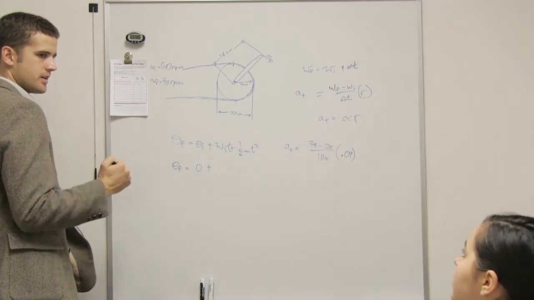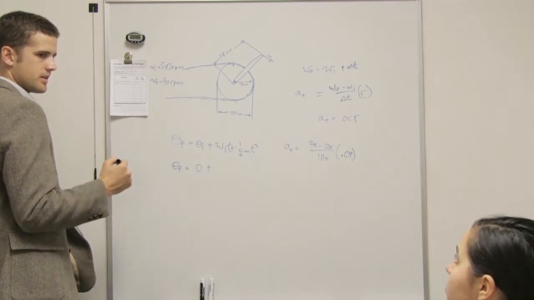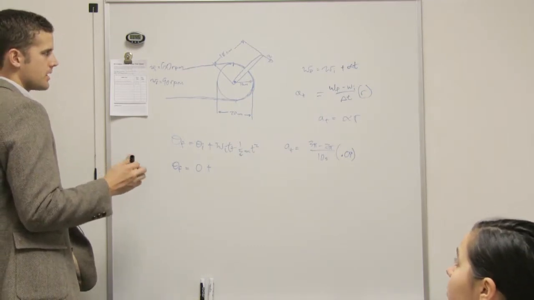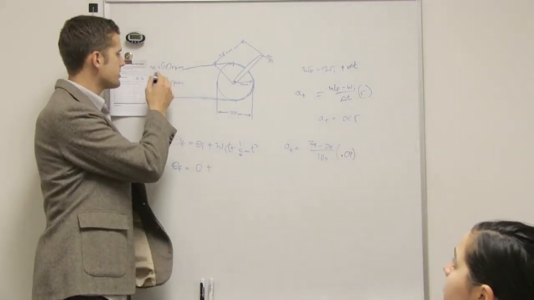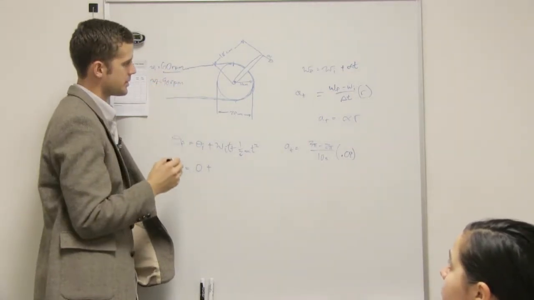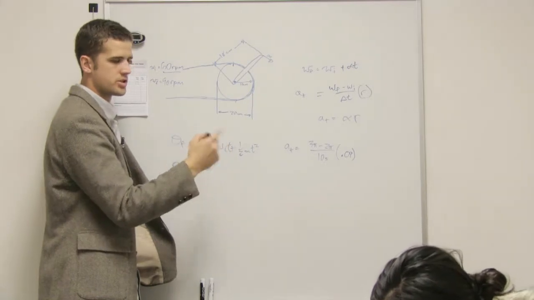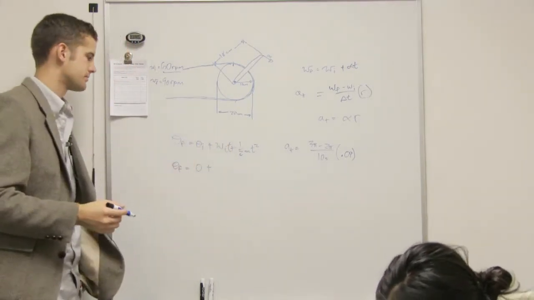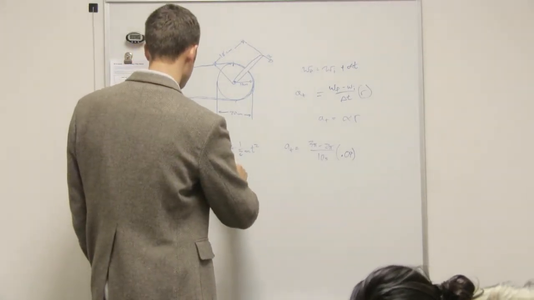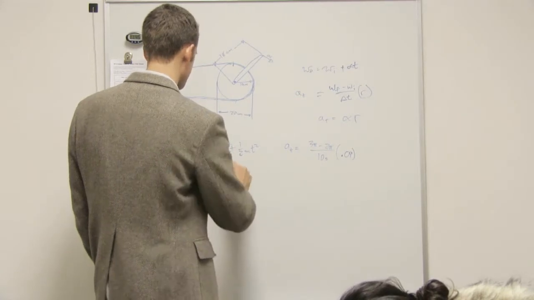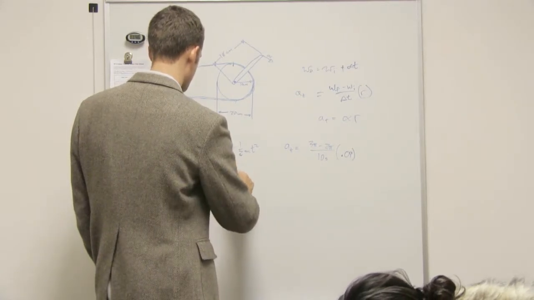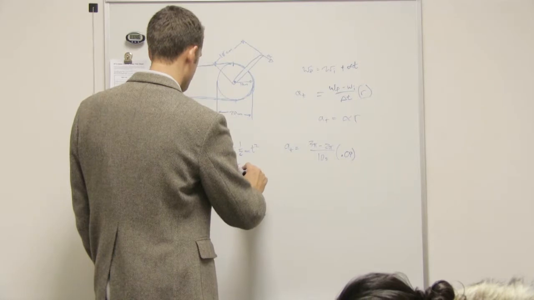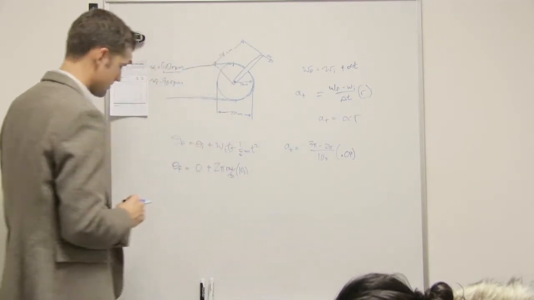Okay, so do we want to use 60 here? No, we want to use the initial one, but 60 is RPM, so we want to use 2 pi radians per second. Then we can just multiply it times our 10 seconds, right?